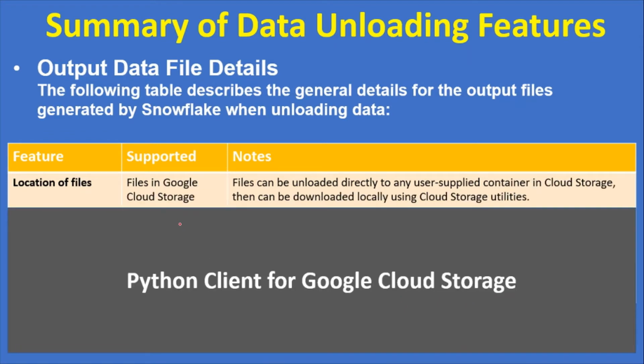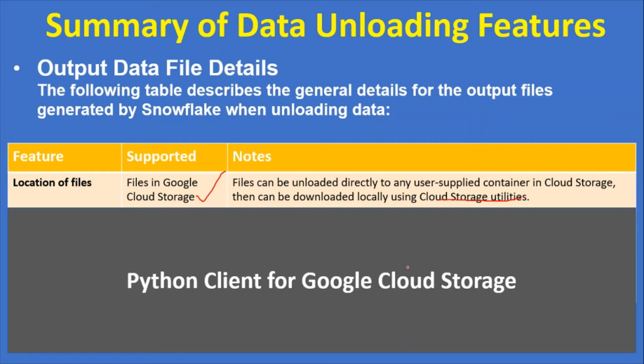Another location is files in Google Cloud Storage. Files can be unloaded directly to any user-supplied container in cloud storage, then can be downloaded locally using the cloud storage utilities. Here, for cloud storage utilities, Google provides the Python client for Google Cloud Storage, and in a similar way there are many languages.